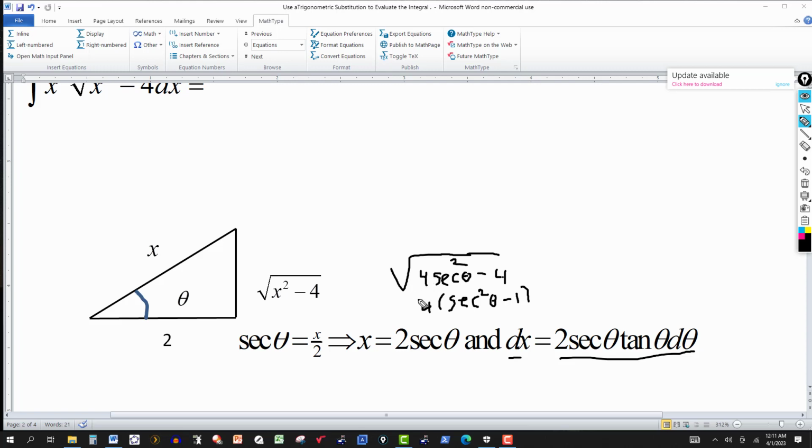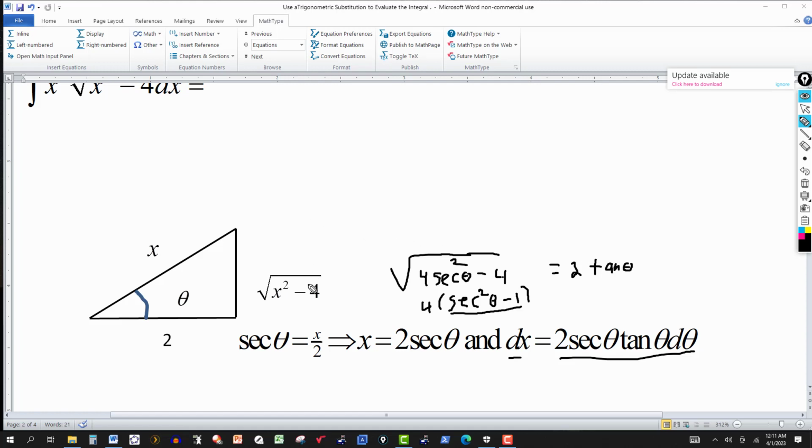Then I'm going to take the square root of 4, that'll be 2. And then I still have under the radical secant squared theta minus 1. And we know that 1 plus tangent squared theta equals secant squared theta. So bringing the 1 over, this can be replaced by tangent squared. But I'm taking the square root of that, so this will be tangent theta.